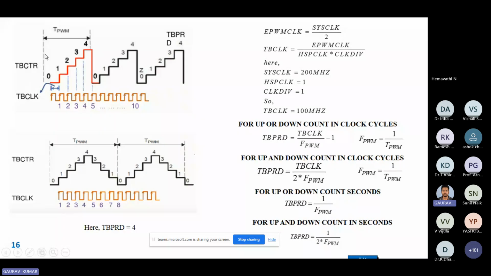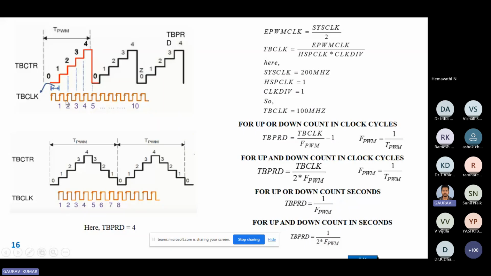Similarly, in case of the up and down counter, you can see the maximum peak is at the fourth level, 0, 1, 2, 3, 4, so here the TBPRD value is 4.